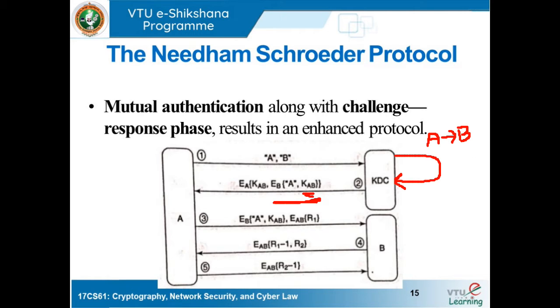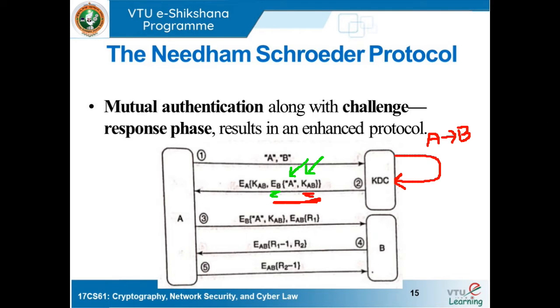Okay, now we can see over here KDC sends this message which it has generated. The session key is encrypted using KA and then sent to A. Similarly, KDC is sending a message to B which contains the session key encrypted using KB.